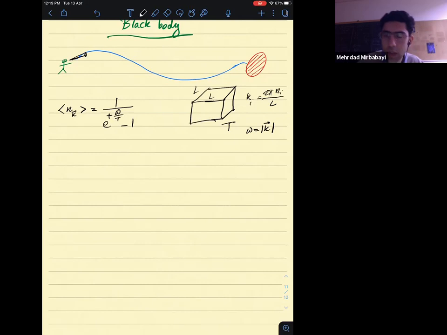I'm in natural units, and I set the Boltzmann constant to 1.